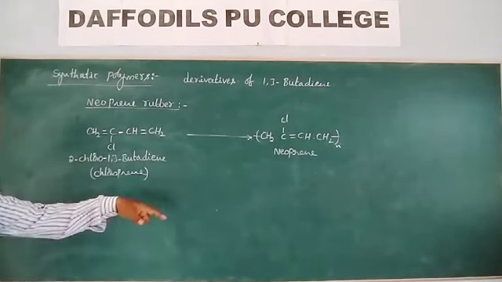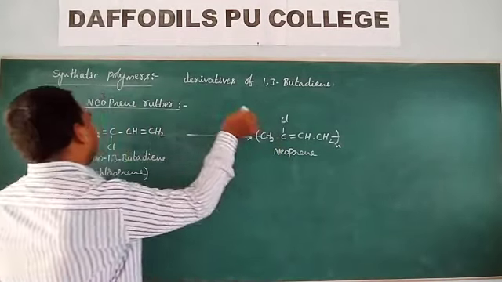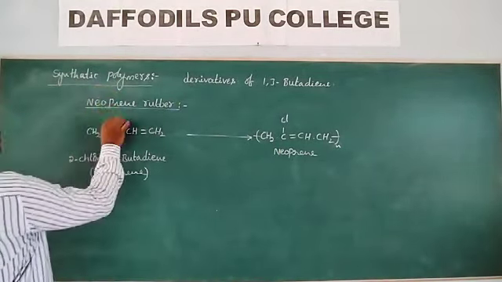Chloroprene polymer is neoprene. So neoprene rubber is a synthetic rubber in which the monomer units are 2-chloro 1,3 butadiene. This 2-chloro 1,3 butadiene is simply known as chloroprene. So this is about neoprene rubber.